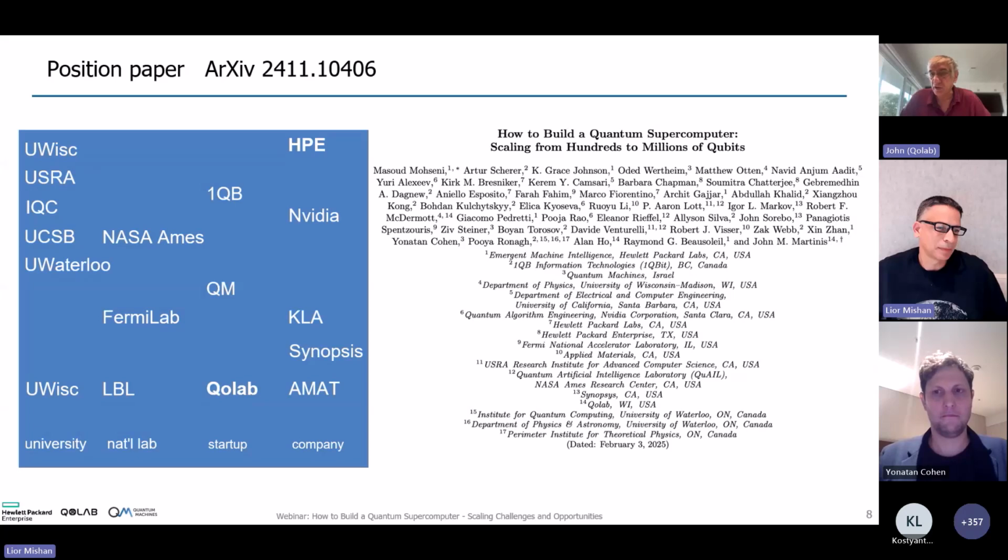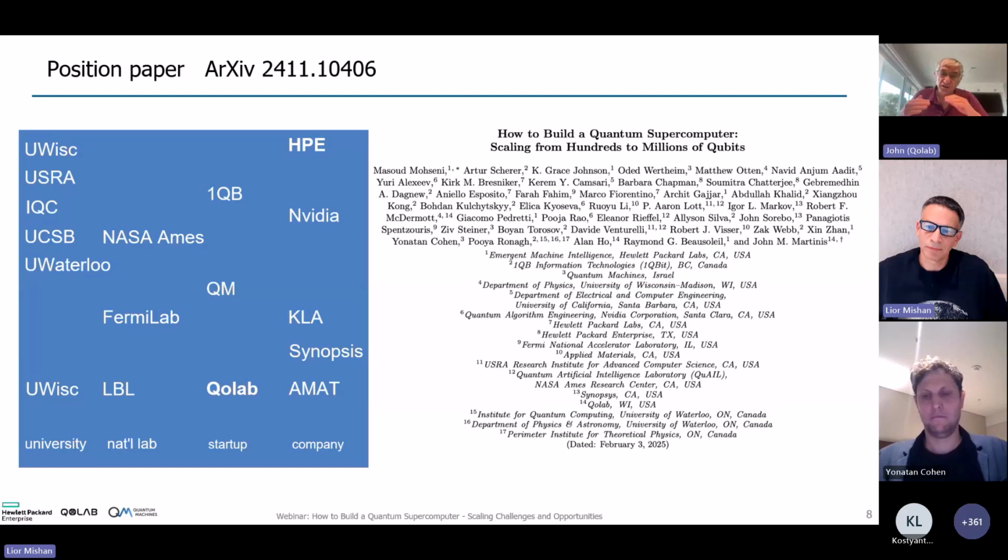Now, in this, we're talking about a full stack, and we're going to be collaborating with big semiconductor companies who are used to building computer components and computer systems, starting, let's say, at the hardware end with Applied Materials making devices, going all the way up to HP, Hewlett-Packard Enterprises, who builds supercomputers, and in between.